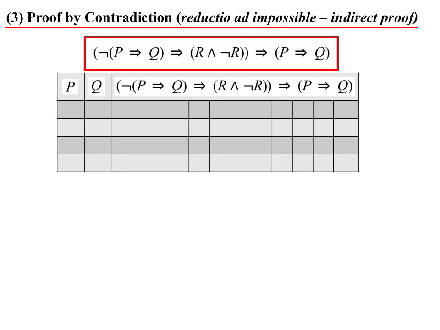So let's throw that into a truth table to show that, again, 100% of the time that's going to work. So there's all the possibilities. I can fill in R and not R quite easily, because we know you can't have R and not R. That's just got to be false. Okay, P implies Q over there. Well, the only one that was false was true implies false, so that sorts that one out. Well, negating that will change the truth values, so that becomes false, true, false, false.